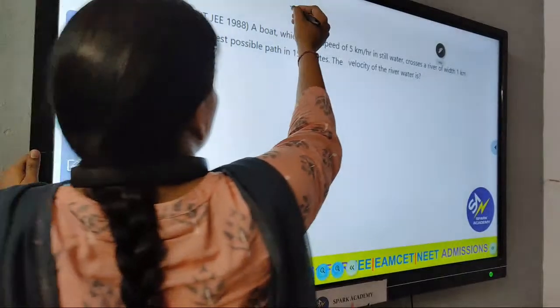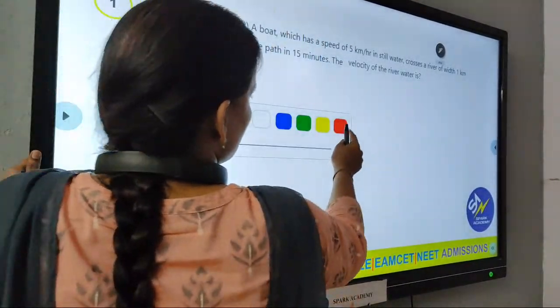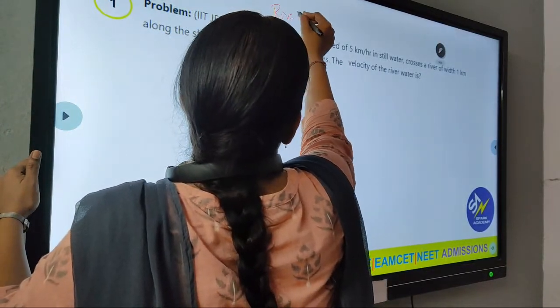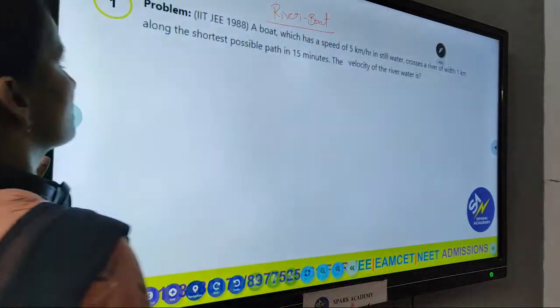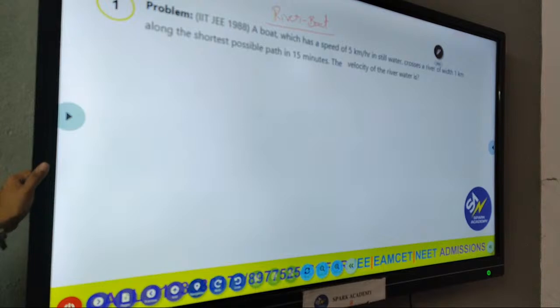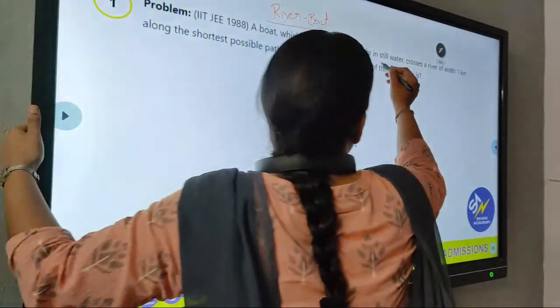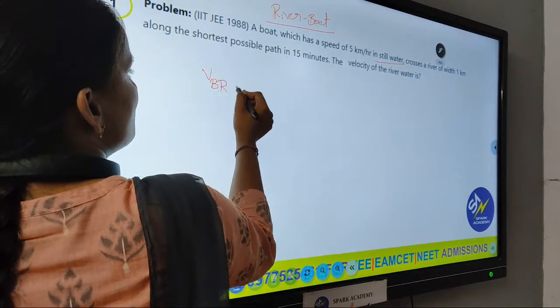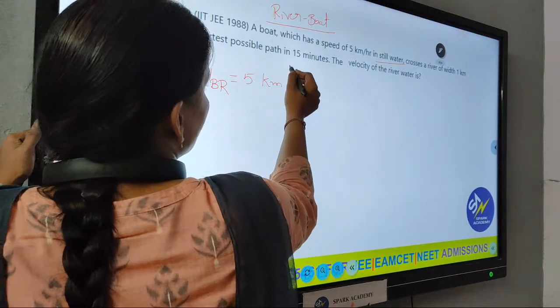So let us see the problems related to the river boat. Here we are given a boat which has a speed of 5 km per hour in still water. Still water means that the velocity of boat with respect to the river is given as 5 km per hour.